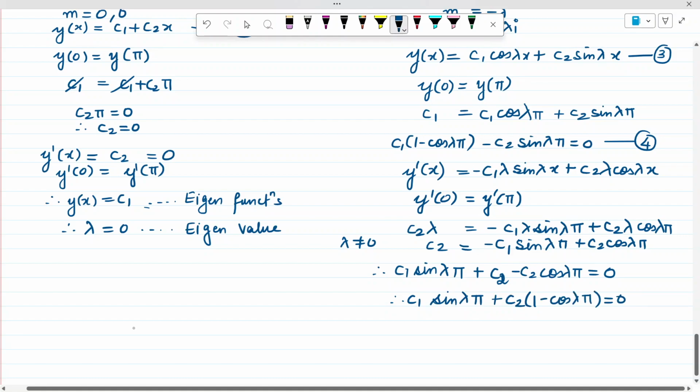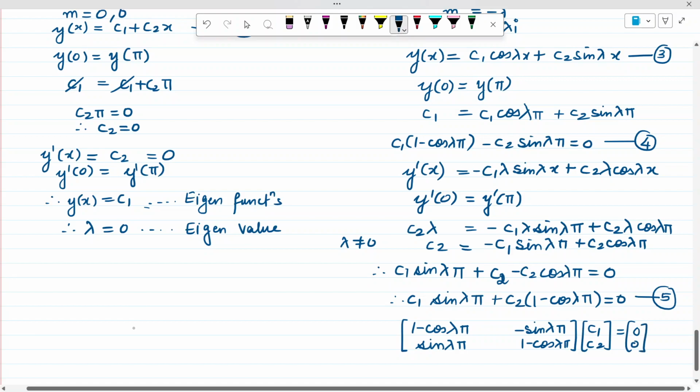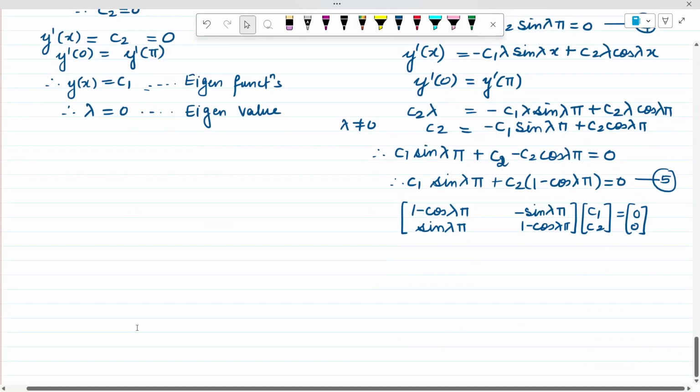In matrix form, we'll write it. Equations number 4 and 5. So the coefficient matrix is 1 minus cos lambda pi, negative sine lambda pi, sine lambda pi, and 1 minus cos lambda pi, into C1, C2 equal to 0, 0. We want a non-trivial solution.